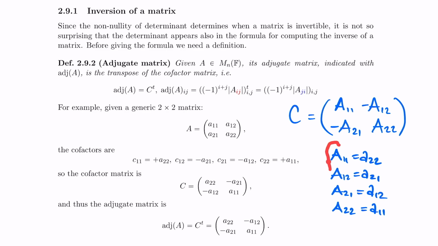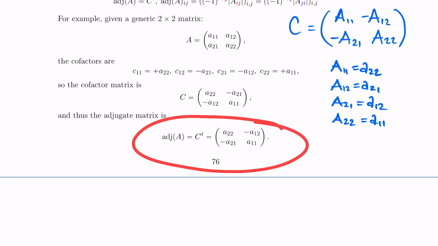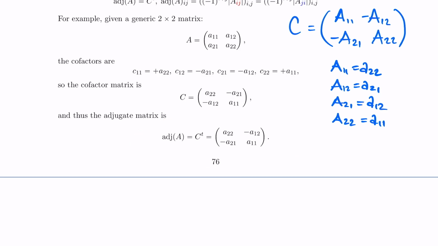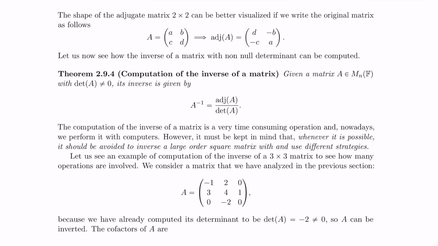As you see, if you introduce these explicit values of the minors into the cofactor matrix C, you find the matrix written here. The adjugate is simply the transpose of C, and so you have this matrix here. If instead of writing the double index, you write a, b, c, and d for the entries of a matrix, you obtain that the adjugate of A is written like this.